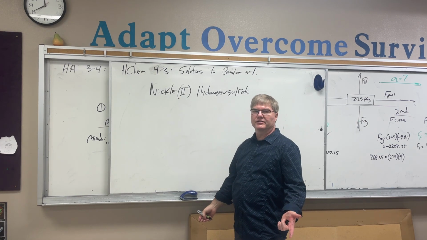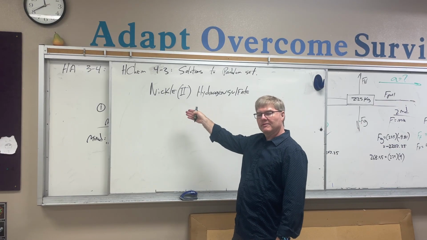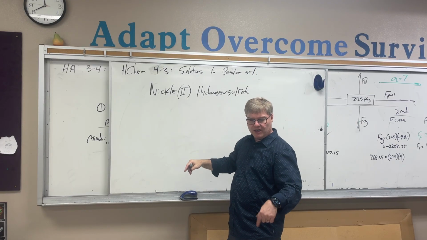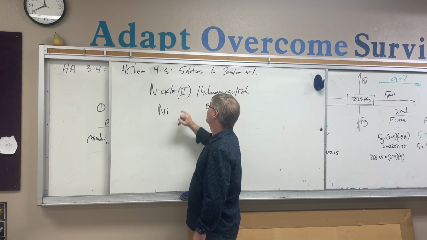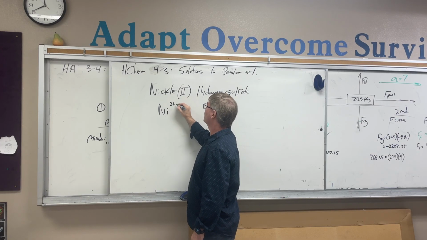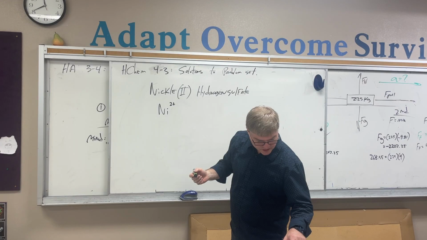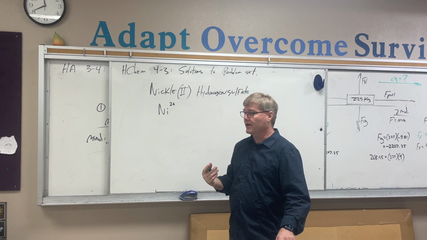Nickel's a transition metal, takes a variety of charges. The one we're talking about is the 2 positive, that's what that means. If I'm not sure about the symbol for nickel, it turns out it's Ni. This tells you it's a 2 positive. What are the other ones? Nickel is also a 4 positive, apparently. So we're not talking about that one.